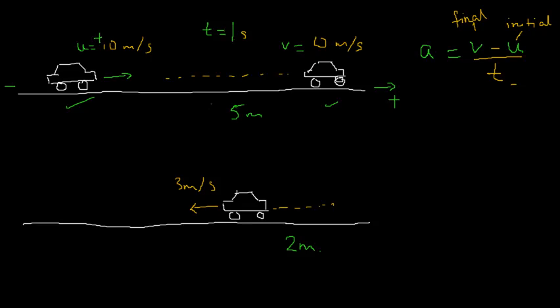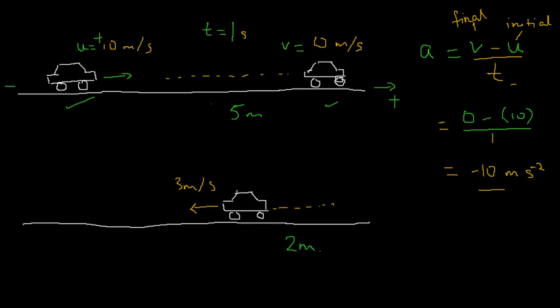With all the information that I already have, I can put in the final velocity, which is 0, the initial velocity, which is plus 10, or just 10, and I divide it by the time, which is 1 second. If I do this calculation, I have minus 10 over 1, which is minus 10, and the units are m s to the power of minus 2. So the answer is minus 10 meters per second squared.